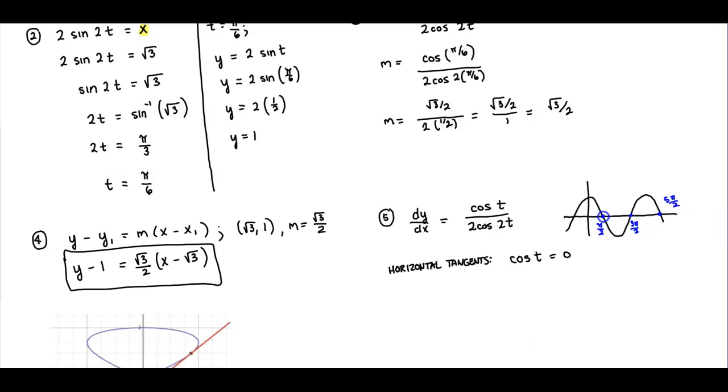And so with the horizontal tangents, we have to let cosine of t equal 0. So that means that t is going to equal pi over 2 plus k pi. So that means that t is going to equal pi over 2 and 3 pi over 2. So when it's pi over 2, the ordered pair is (0, 2). And when it's 3 pi over 2, the ordered pair is (0, -2).